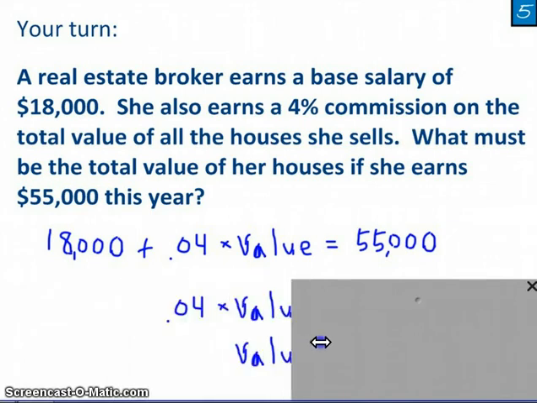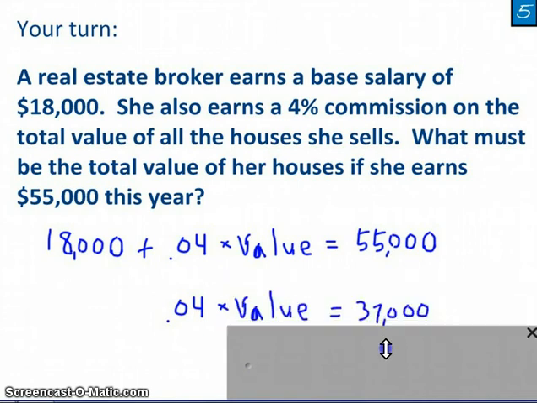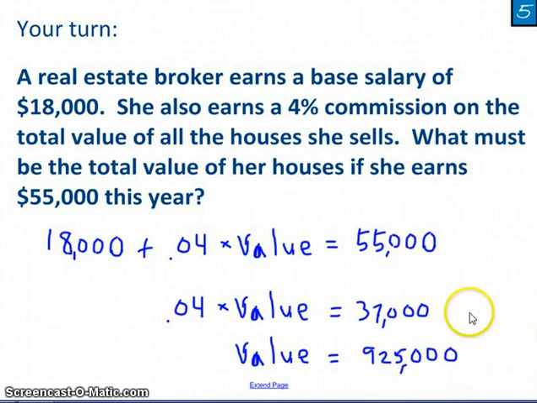So I move the 18,000 over first, don't I? And I get 0.04 times that value equals 55 minus 18 is 37,000. And what's left now? That value is going to be 37,000 divided by 0.04, which turns out to be $925,000. That's the value of all the homes she sold.